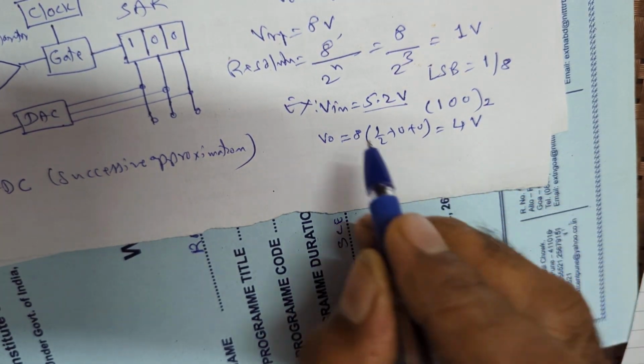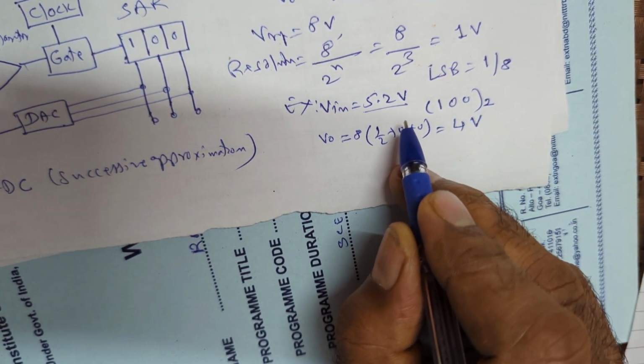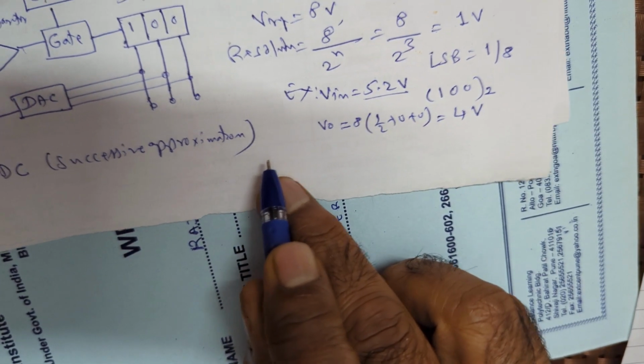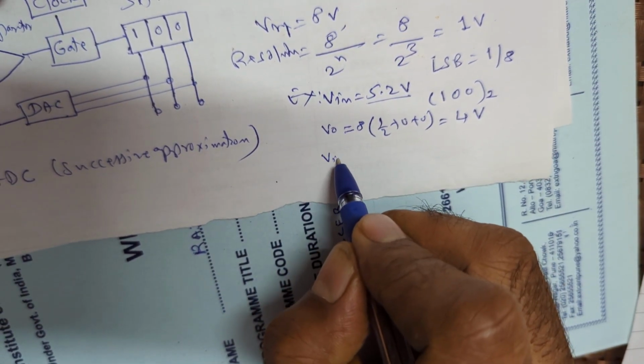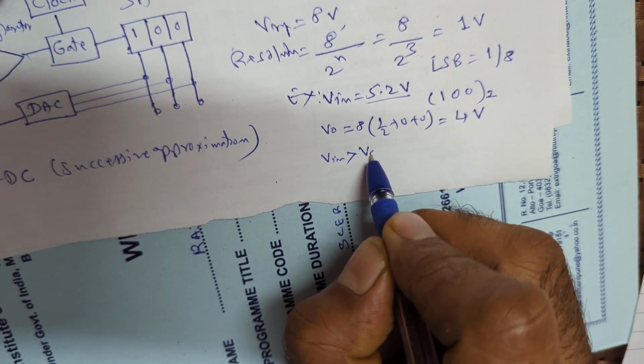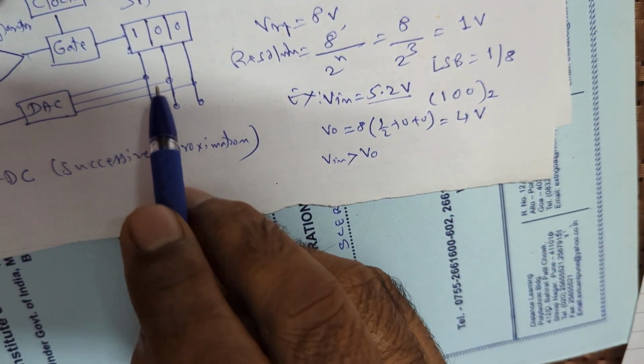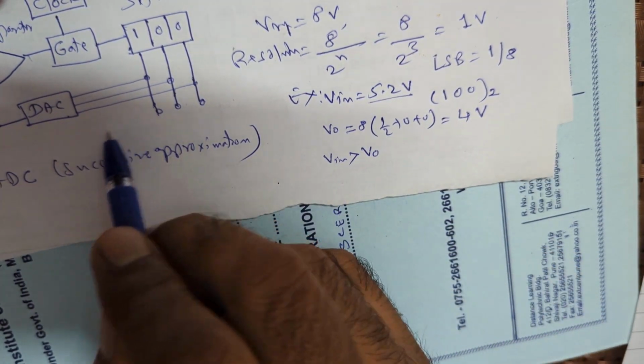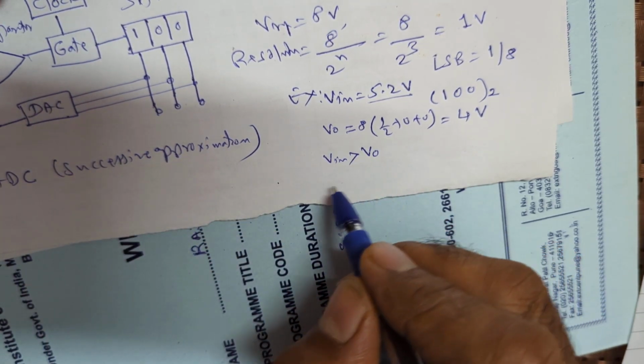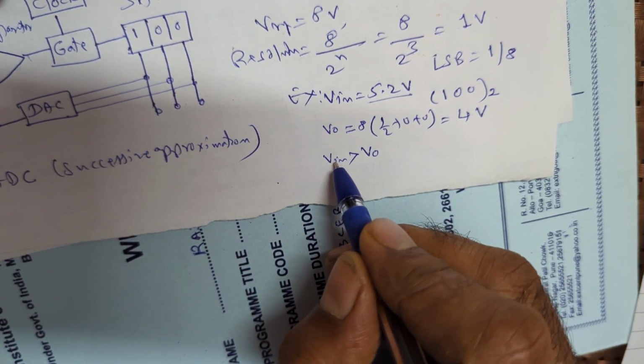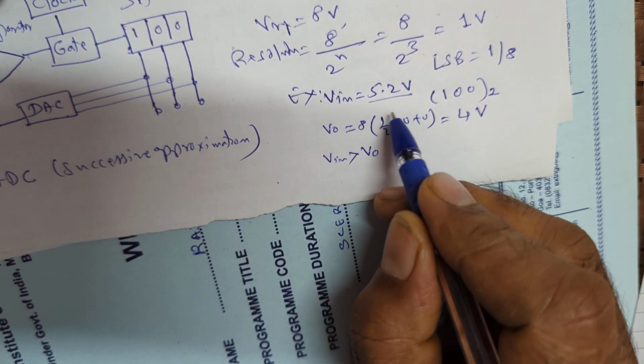Now 4 volt and 5.2 will be compared. Here VIN is greater than V0. With the MSB set as 1, the voltage is compared and found to be less, so this bit will be retained.